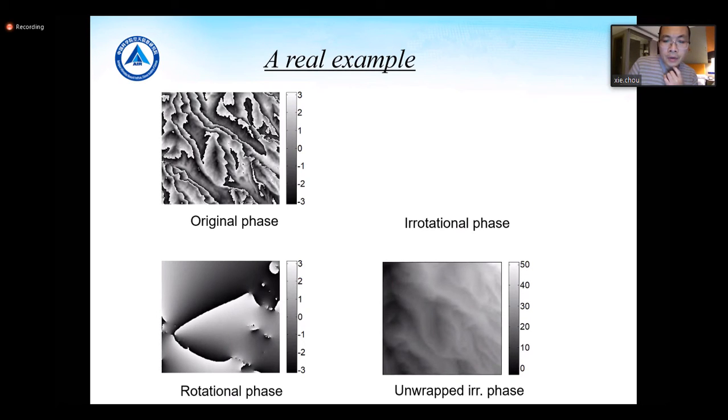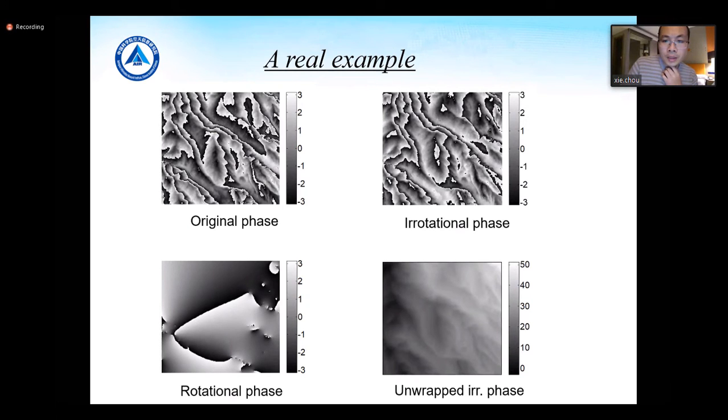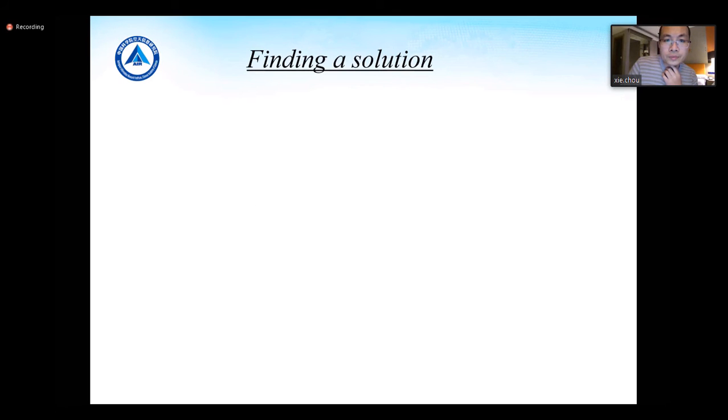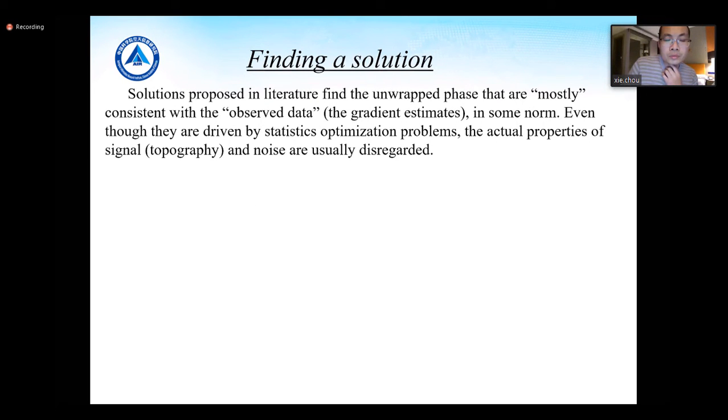This one is the unwrapped irregular phase. And here is the rotational phase. So for unwrapping phase, clearly we should find a good solution from the wrapped phase.